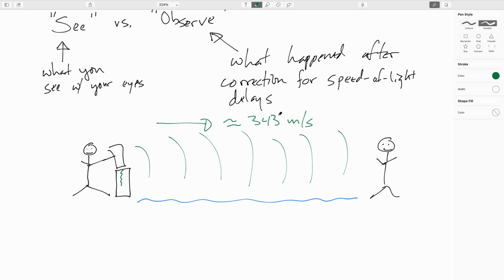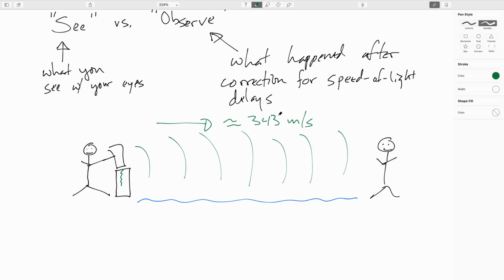This is also the same kind of thing that you do with sound again. Say when you see a lightning strike and you start counting the number of seconds until you hear the thunder to figure out how far away the lightning is. So roughly speaking, every 3 seconds you count off means that lightning flash happened about a kilometer away.